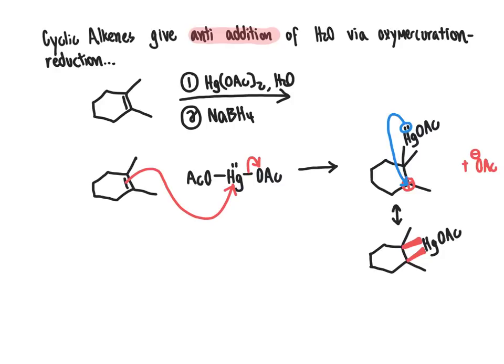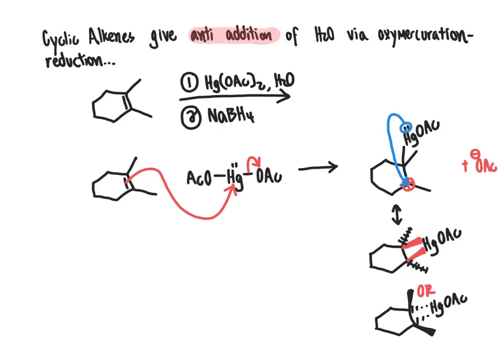So we draw 2 wedges there. Or alternatively, the other stereochemistry that will also be present is that those would be 2 dashes instead. So we could draw dash, dash to the mercury, OAc instead. And keep in mind that these methyl groups then we could put as wedges there and dashes here to fill in the complete tetrahedron.